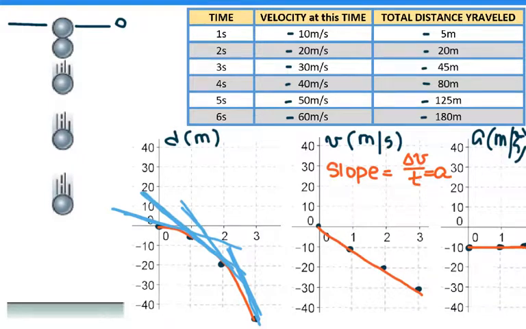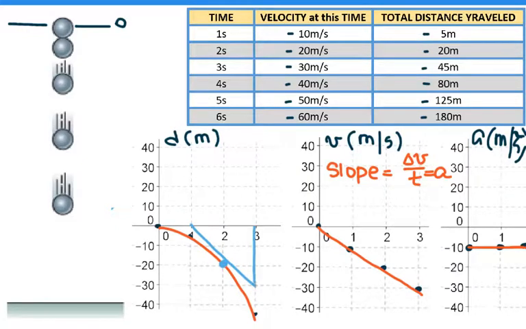So the slope of the distance graph, because the slope is the rise over the run. So if I look at my graph, I'm going to put the dots back where they were. If I have my graph like this, I'm going to take this slope, so I will have the slope right here, and the rise over the run, this is the change of the distance, and this is the time.